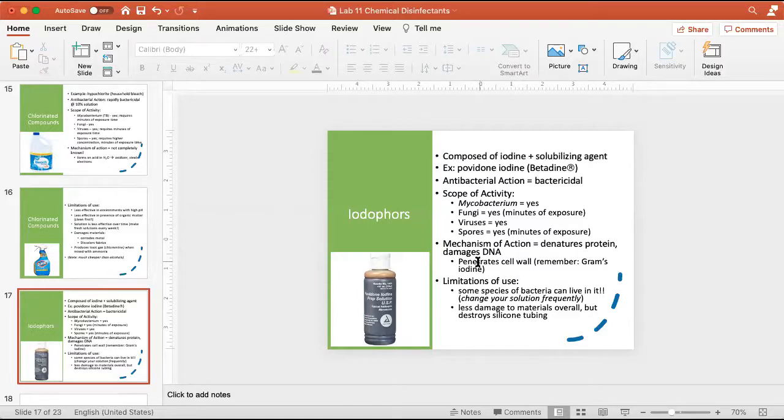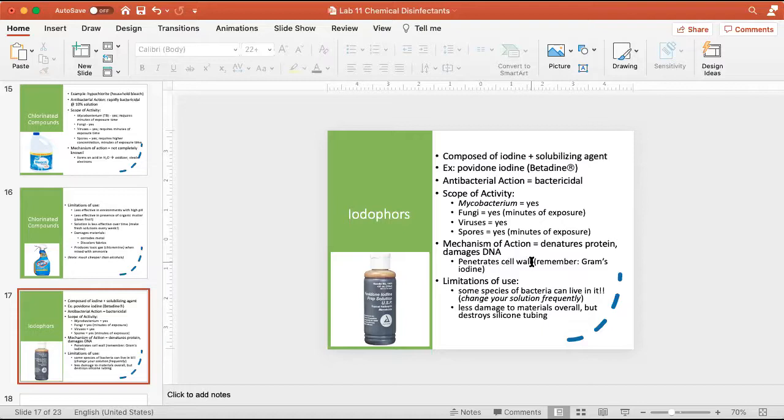So iodine is able to denature protein, just like alcohol does, but it's also capable of damaging DNA. So it's kind of a double hit on the bacterial cell or whatever other kind of microbial cell you're protecting against. Iodine is capable of penetrating the cell wall.